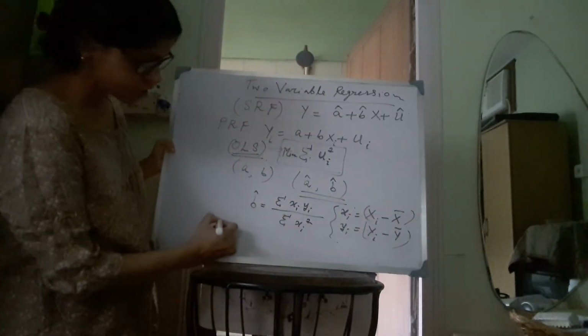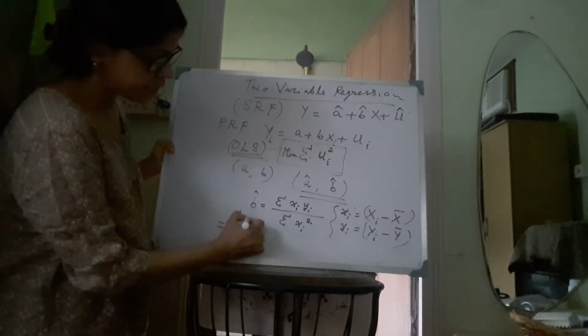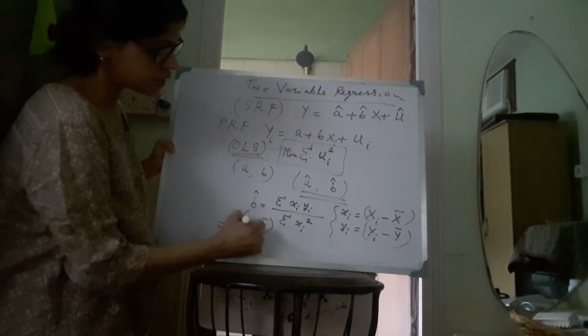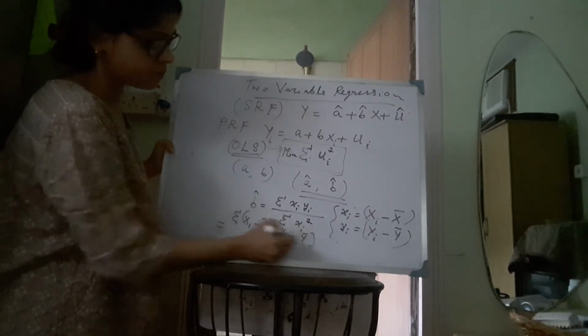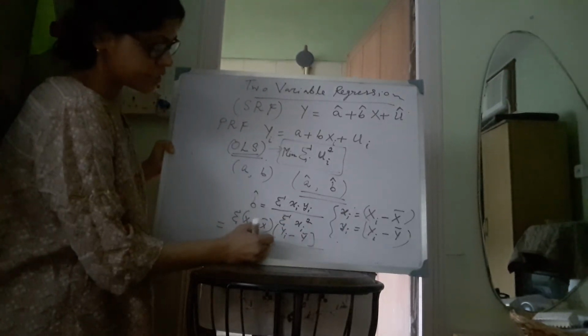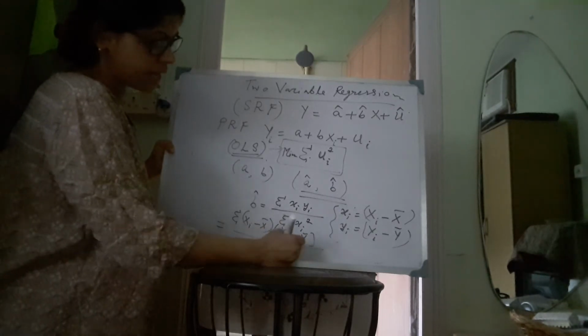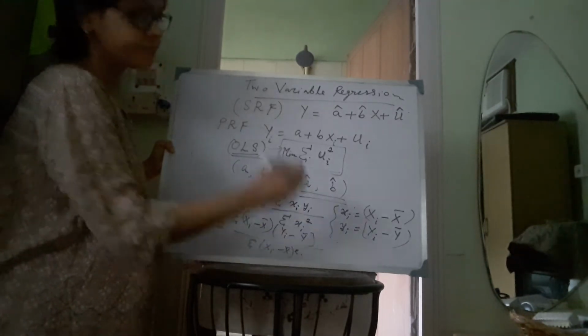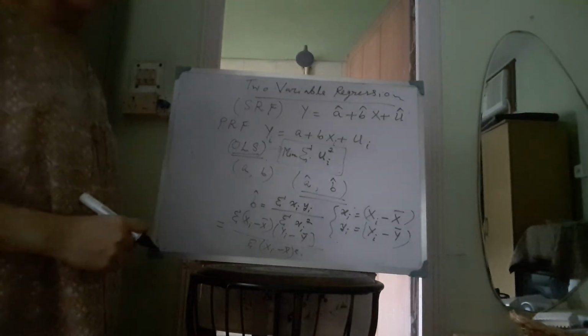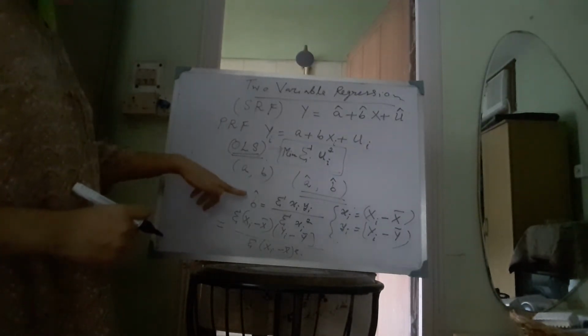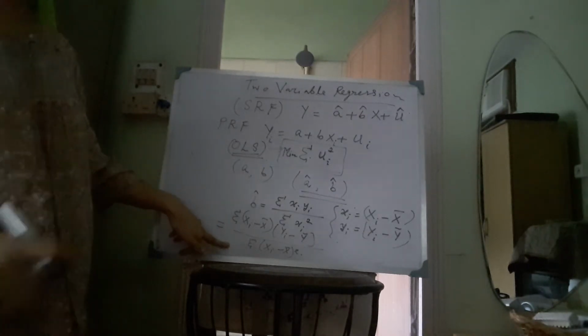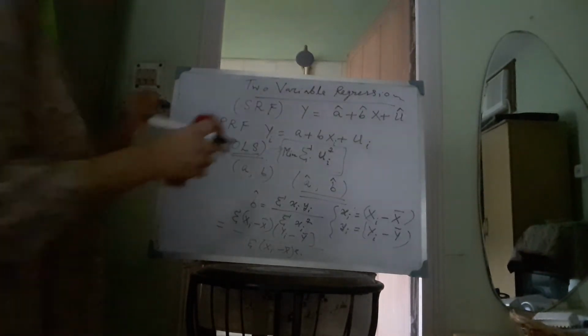So in place of small xi, we can write xi minus x bar, and in place of small yi, we can write actual yi minus y bar, divided by summation of xi minus x bar whole square. So this is the formula for b hat, that is the predicted value of b.